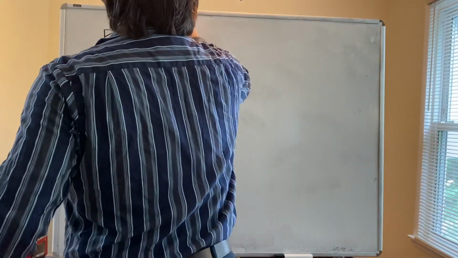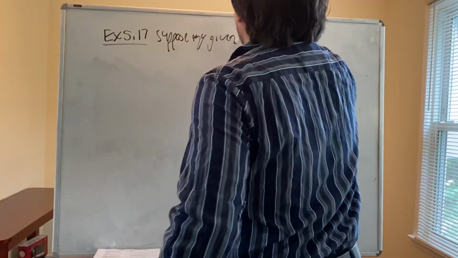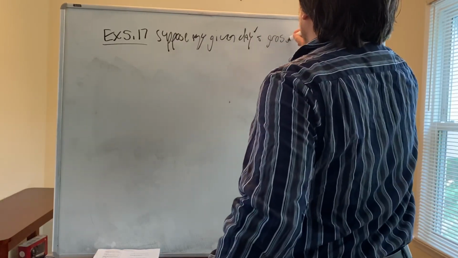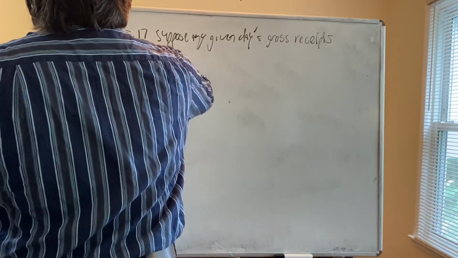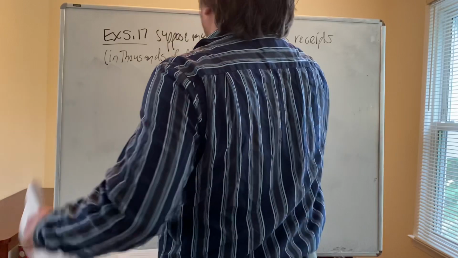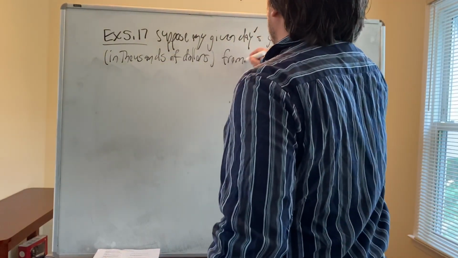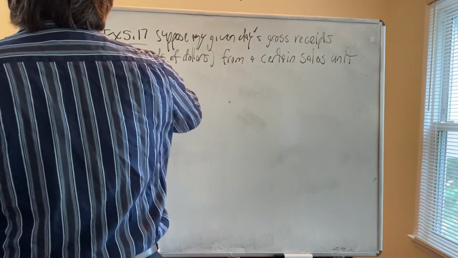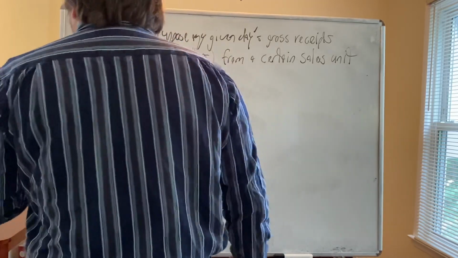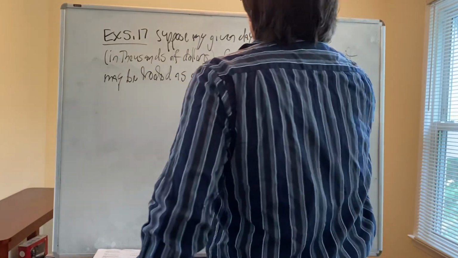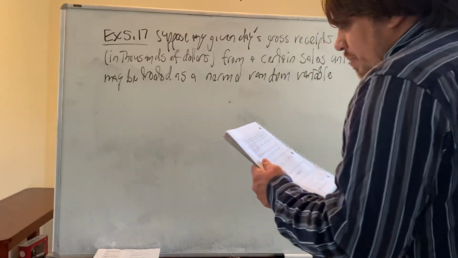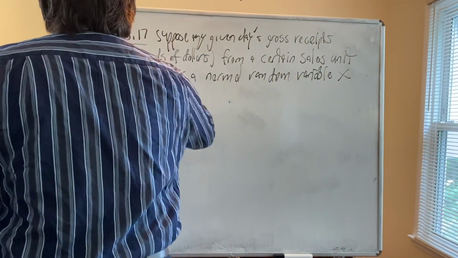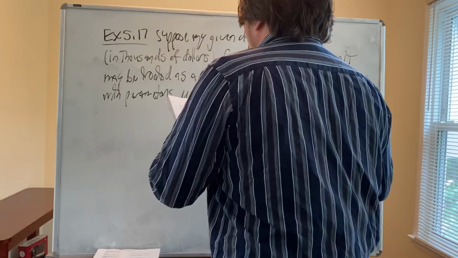Suppose any given day's gross receipts, in thousands of dollars, from a certain sales unit, may be treated as a normal random variable X with parameters mu is equal to 20 and sigma is equal to 2.